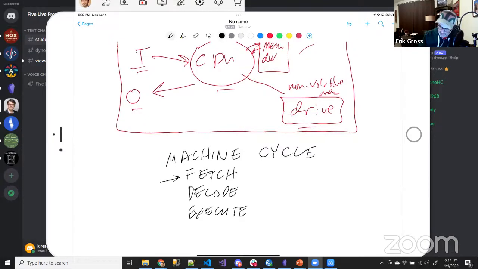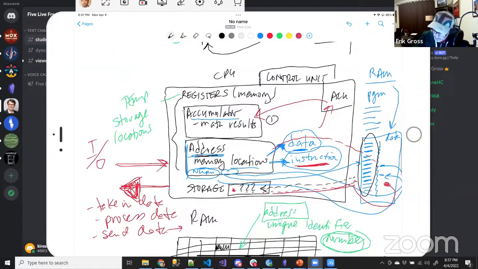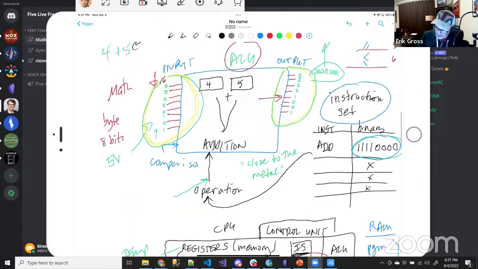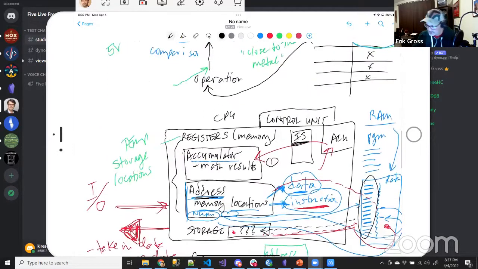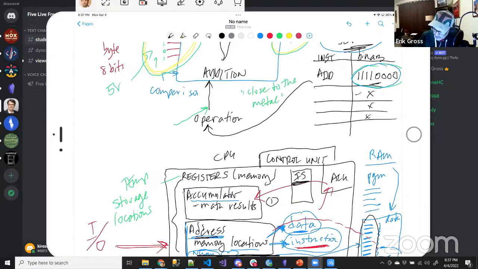That's fetch. It'll decode it because built into the CPU is the instruction set that we talked about right here. It's literally physically built into the CPU. It says this exact pattern equates to do an addition operation.